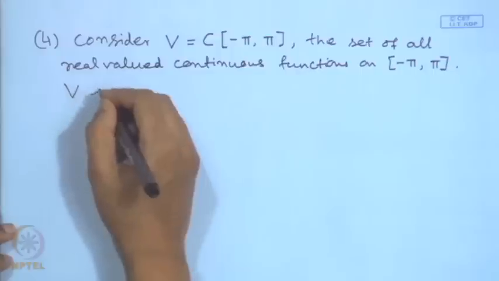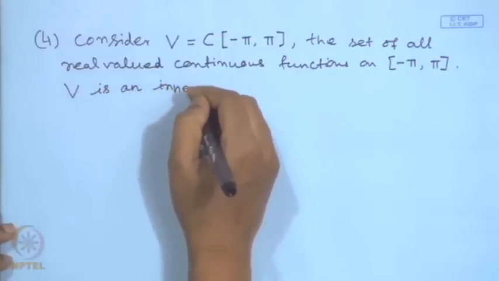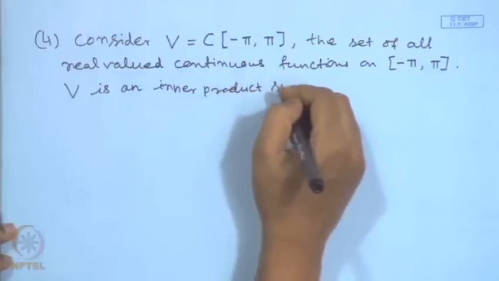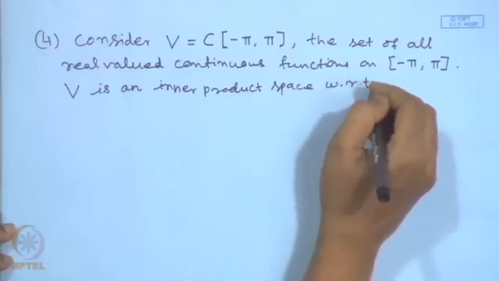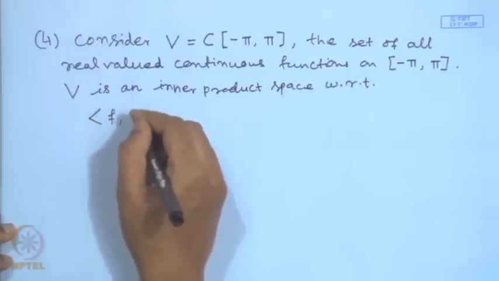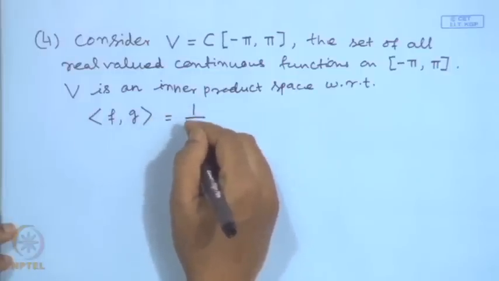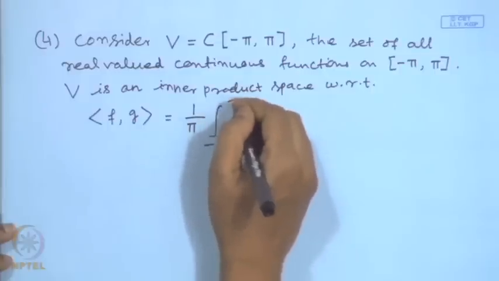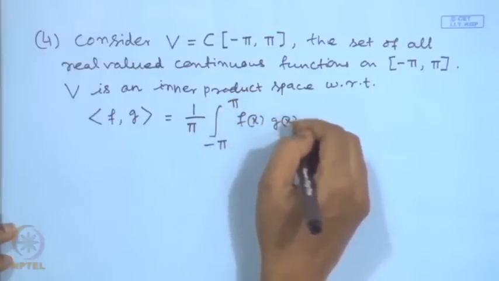V is an inner product space with respect to the inner product of f and g equal to 1 upon pi, integral from -pi to pi of f(x) g(x) dx.